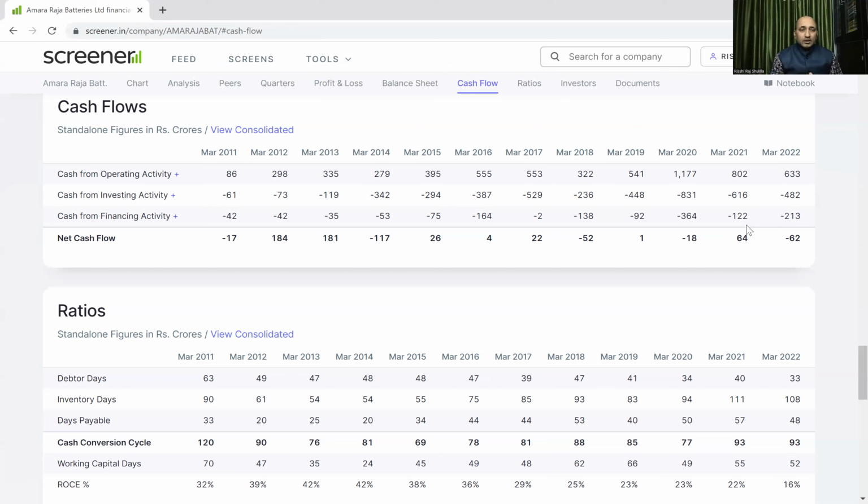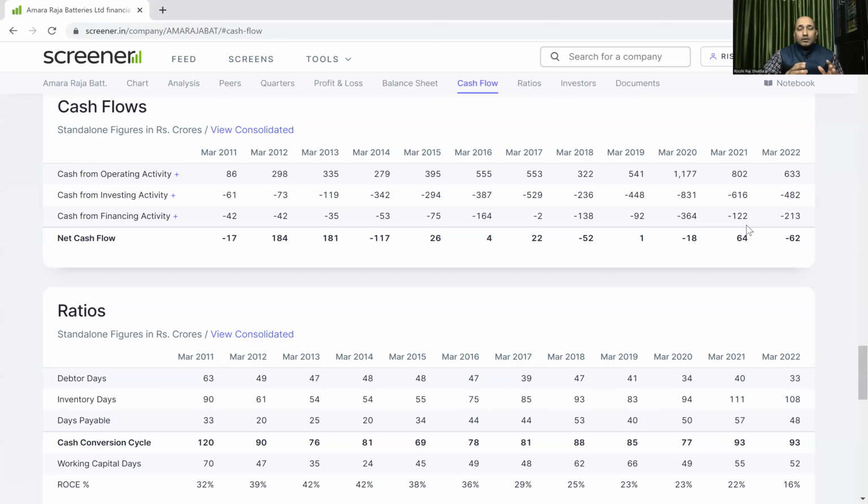First is operating activity. This is important. This must be positive. From the core business, there should be so much cash flow that it can be positive in all circumstances. If it is negative, then there is a red signal. The company is not able to generate as much cash as required.